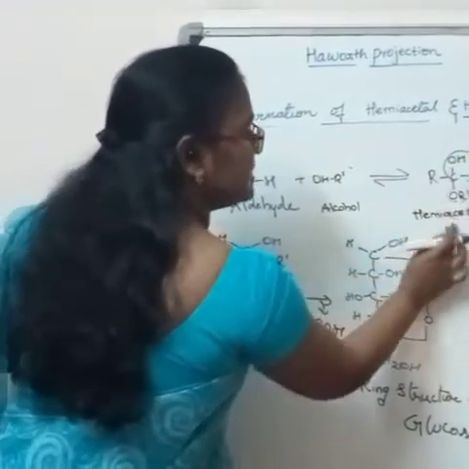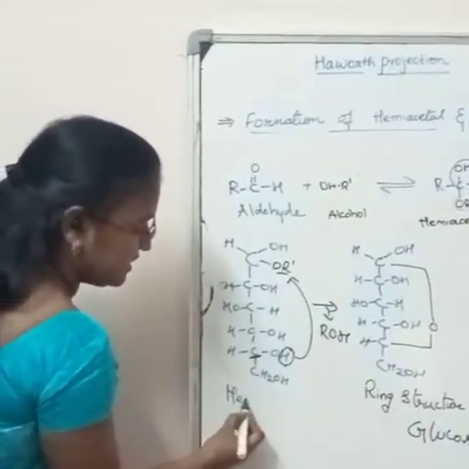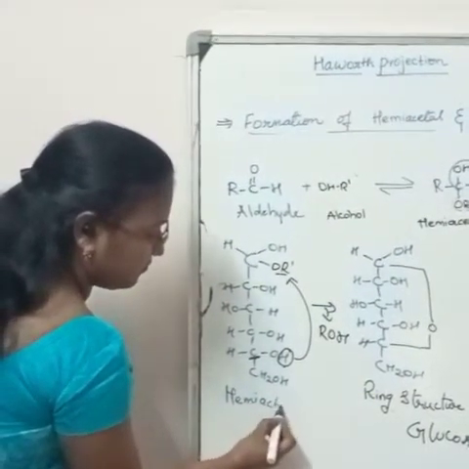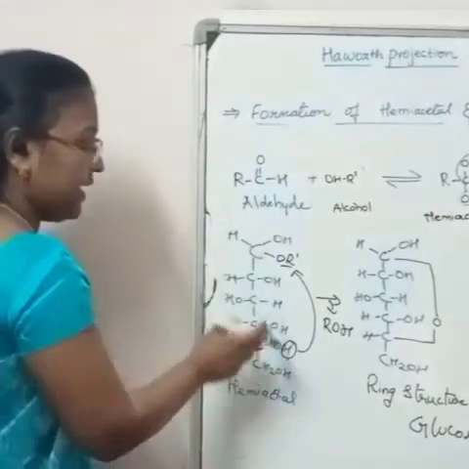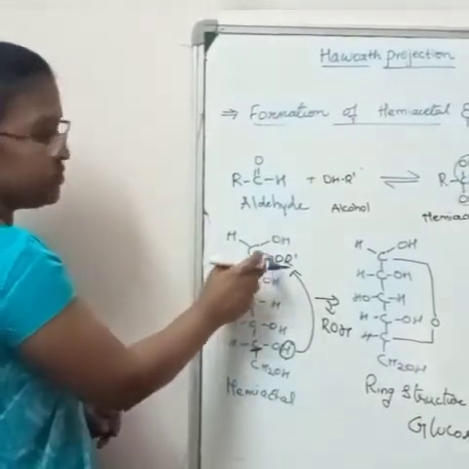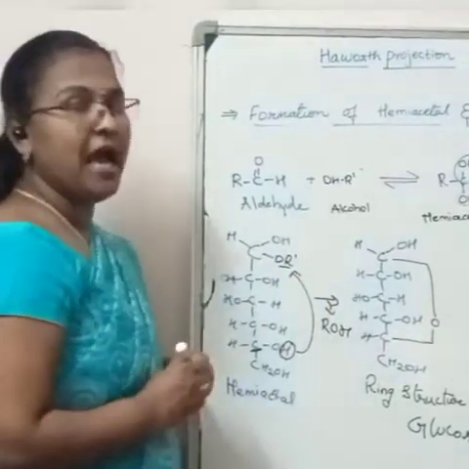This hemiacetal structure is nothing but this. Now when the fifth carbon reacts with this to remove the alcohol, it forms a ring structure. Now let us see about the Haworth projection.